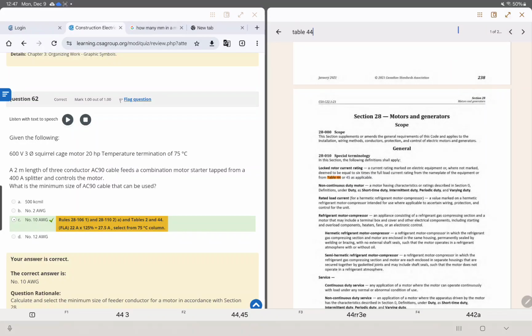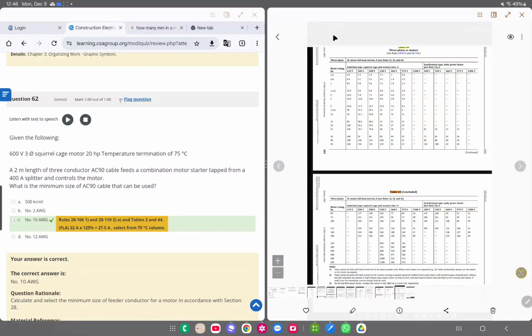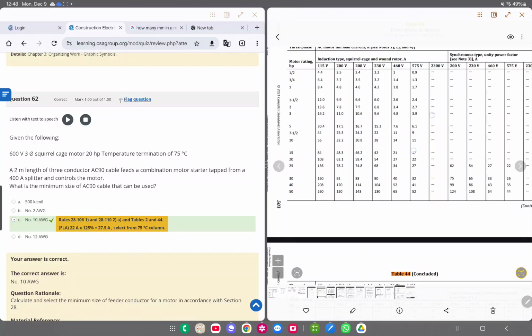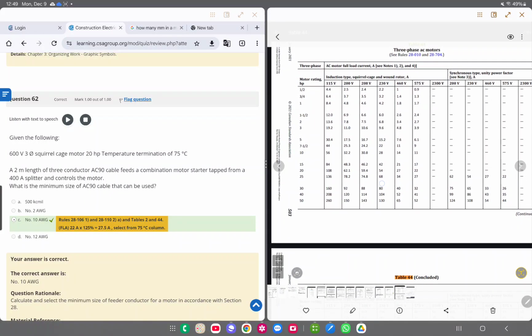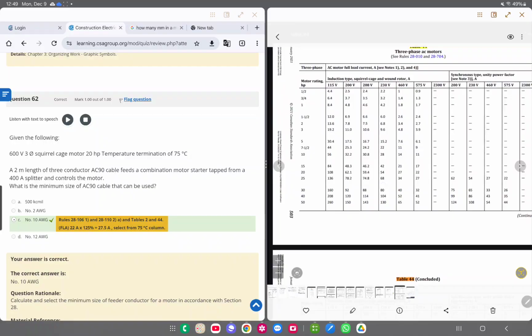You know what? Let me pause this for a second. Okay, so we got 3-phase motors. 600 volt 3-phase squirrel cage motor, 20 horsepower. So we got our 20 horsepower, at what voltage? 600.